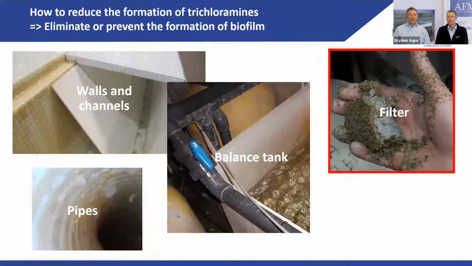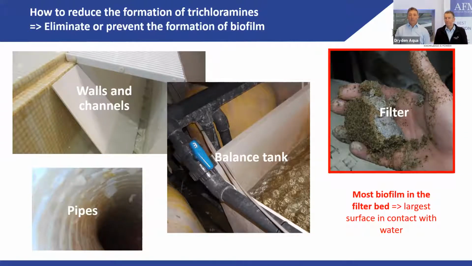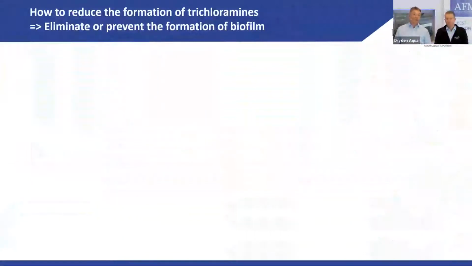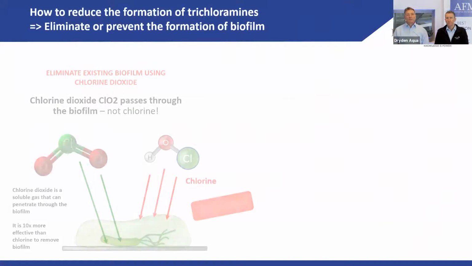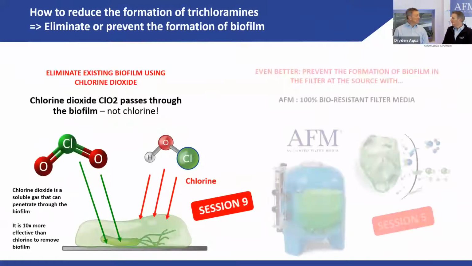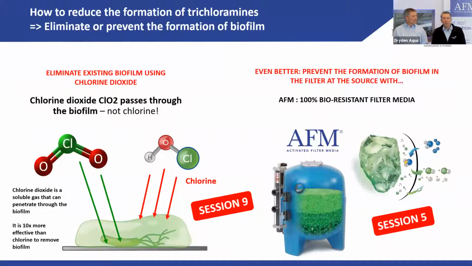Biofilm. You can have it in walls, channels, pipes, balance tanks, but we have seen this is a small quantity. The main problem is in the filter. If you solve the problem there, you have done it. So how can you eliminate or prevent the formation of biofilm? You have basically two good ways.